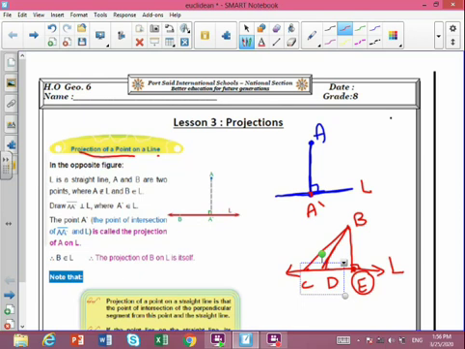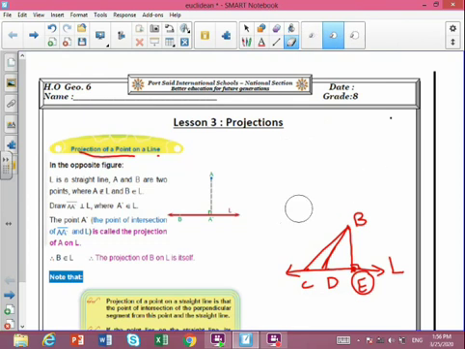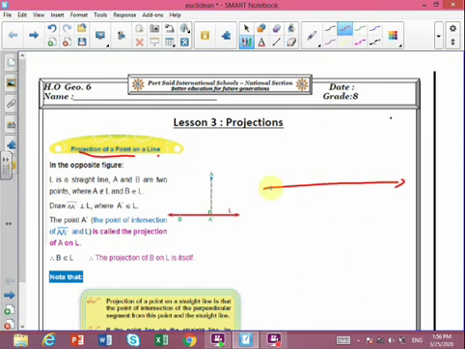A dash is the point of intersection of the perpendicular from A and L. This is called the projection of A on L. Now, I draw a line, and this is L. If I want the projection of A, I drop this point perpendicular, and this is A dash, or its name can be any letter.